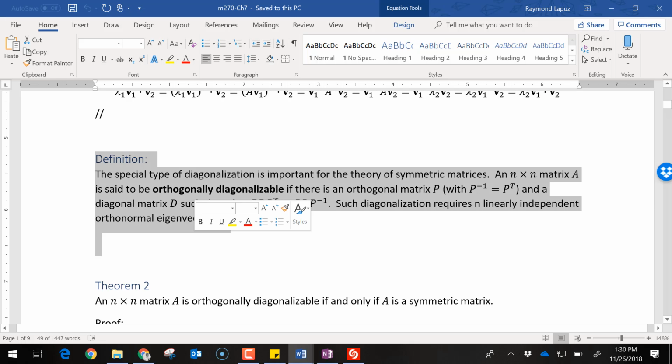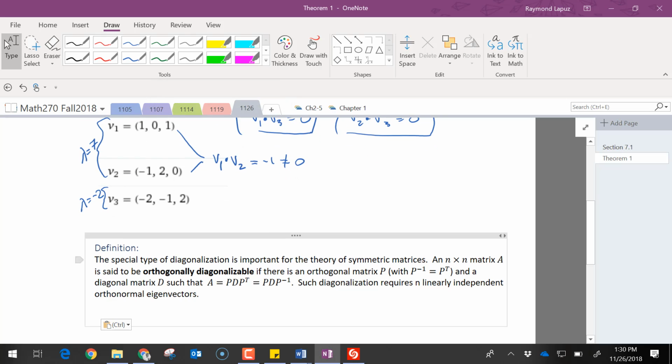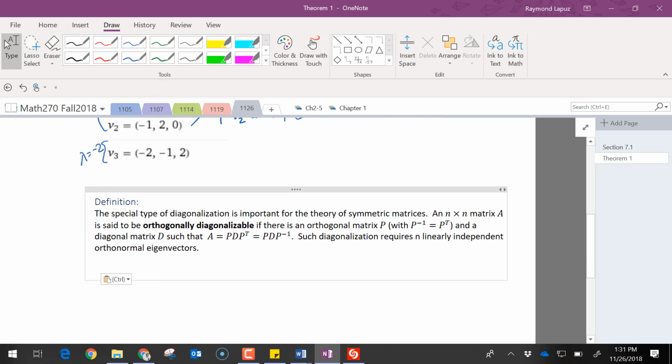So, speaking of diagonalization and orthogonalization, an n by n square matrix A is said to be orthogonally diagonalizable if there's an orthogonal matrix P, with P inverse equal to P transpose, and a diagonal matrix D such that we can rewrite our matrix A as P times D times P transpose, which is the same thing as P times D times P inverse.